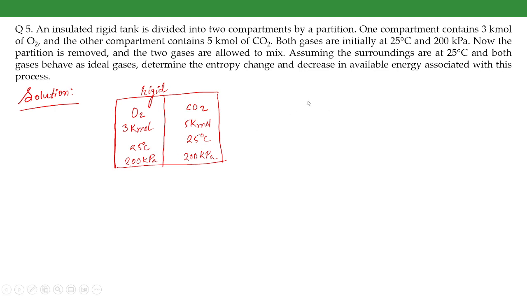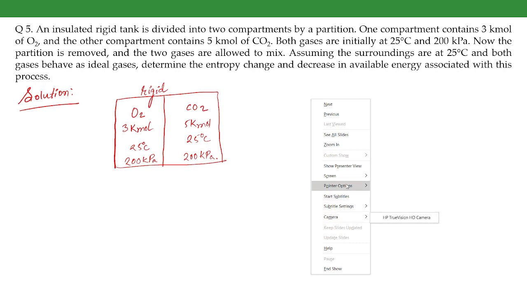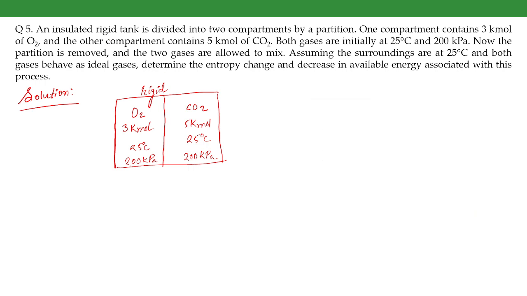Since there is no mass that is crossing the boundary, let us assume this. Let us perform this analysis as a closed system analysis. Okay, so we are considering this as the system.